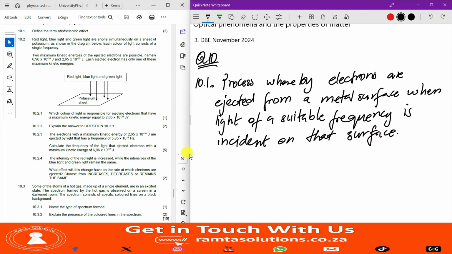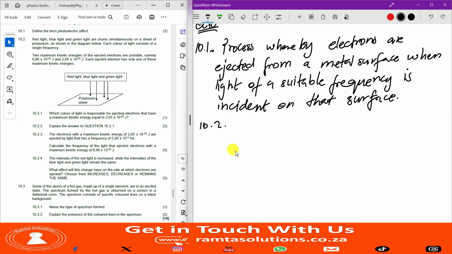Okay, so this is the photoelectric effect. Proceeding.